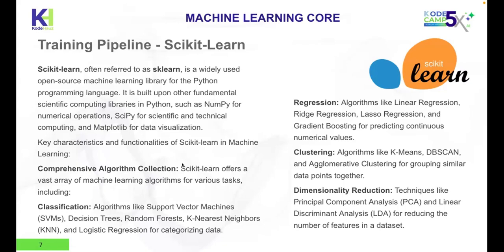So scikit-learn has a comprehensive collection of algorithms, right, for various different tasks. Even linear regression, logistic regression, classification, they're actually functions or libraries that handle that. So all of those things that we were doing manually, we don't need to do them manually anymore.